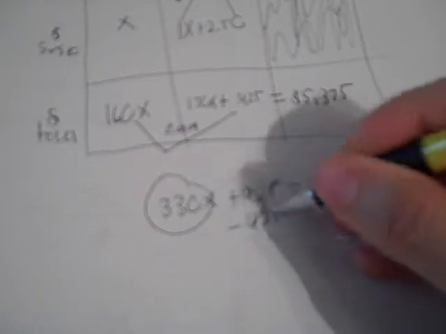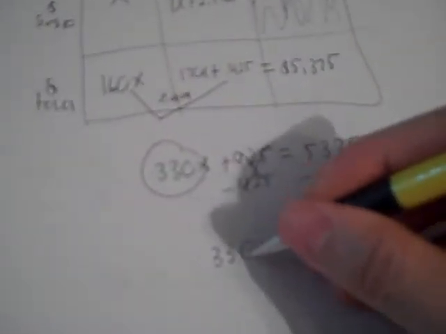Put equals. Now you have two variables, and they're the same, so you can just go ahead and add. 160 plus 170 is going to be 330. X plus 425 equals 5,375. Okay, isolate the X, and you'll have your first answer.